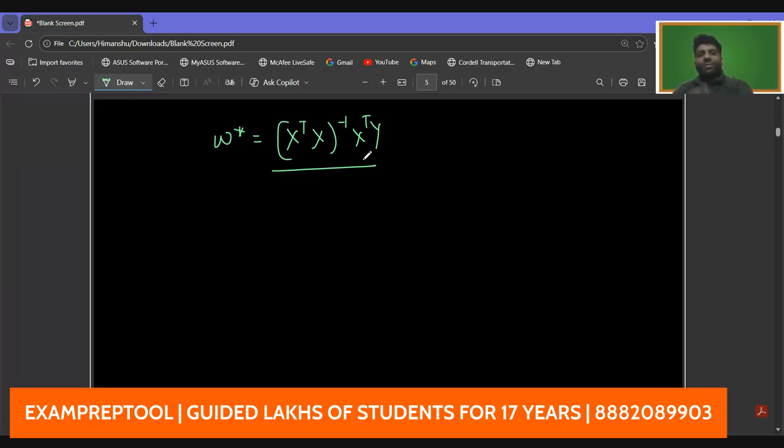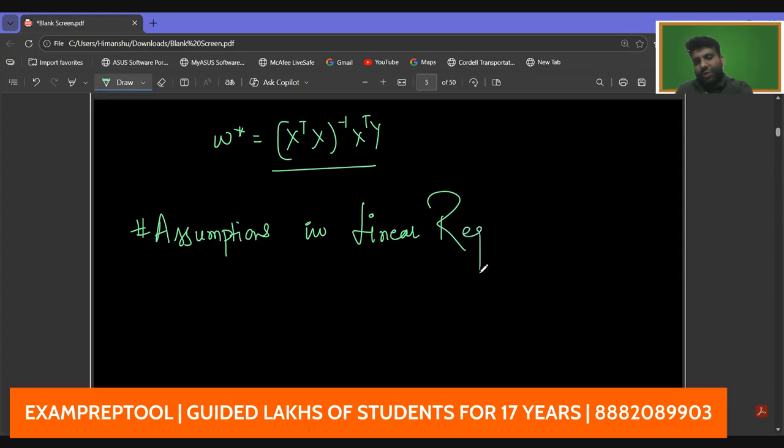Apart from that, the most important next thing which I wanted to talk about was assumptions in linear regression. Very important to understand. Assumptions in linear regression. What are the assumptions?